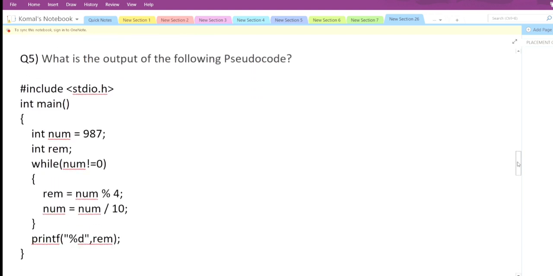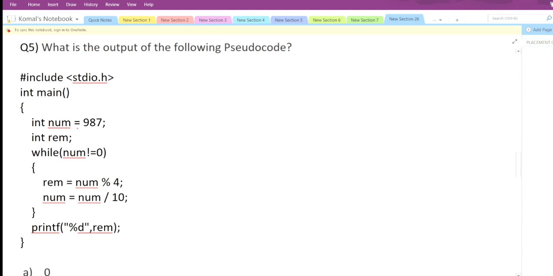Now moving on to next, now the value of num they have given is 987, and they have taken another variable, that is remainder. Now what it is checking, that while num is not equals to 0, yes true, so we will come inside this while loop. What it is doing, rem is equals to num mod 4.